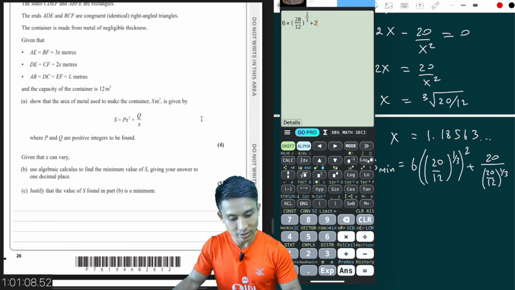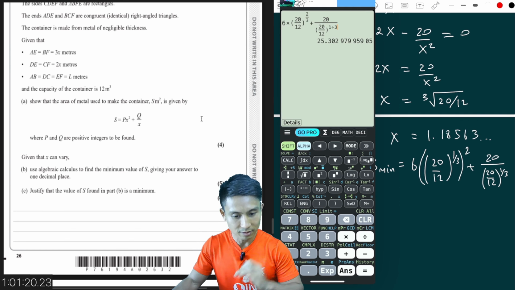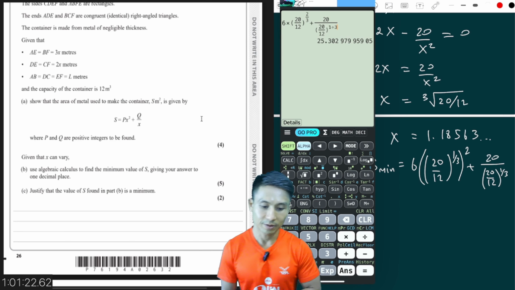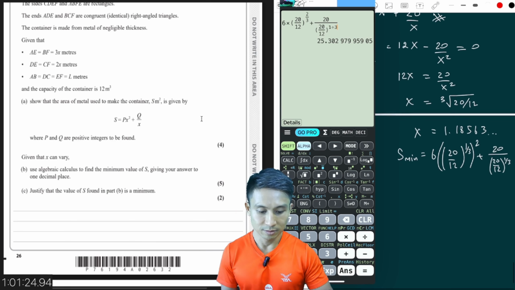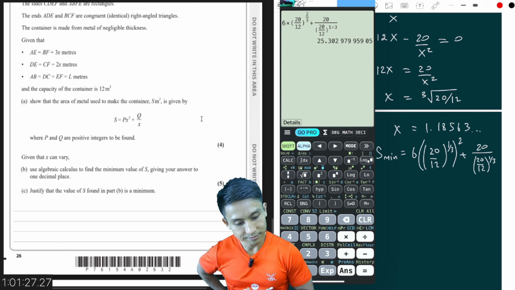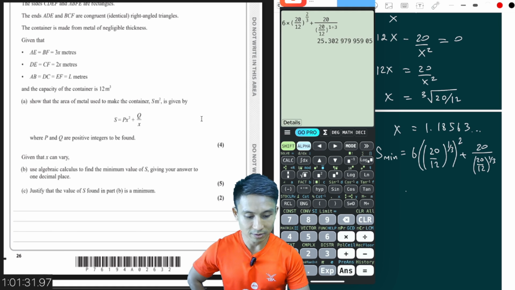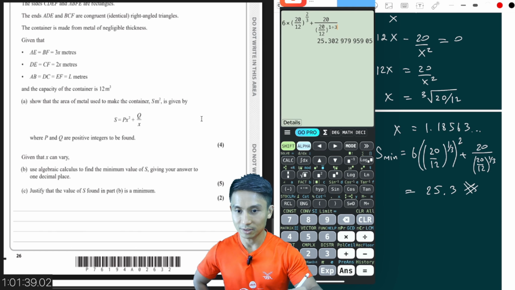And plus 20 divided by, brackets, 20 over 12, close bracket, to the power of 1/3. Just checking everything. Yep, I'm okay with that. So it's just 25.3, basically. That's the value of s, giving one decimal place.